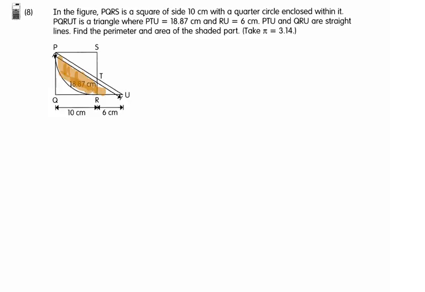So all this is a square of side 10 cm. And a quarter circle enclosed within it. Alright, so where is the quarter circle? The quarter circle is here. Can you see a quarter circle enclosed within it? In case you cannot see, this is the quarter circle.